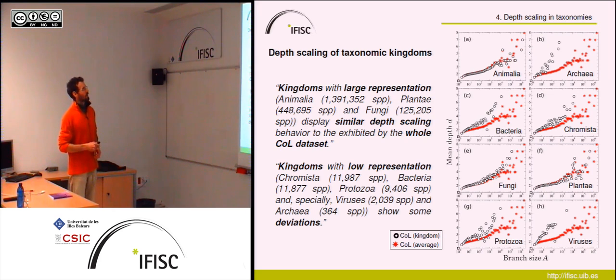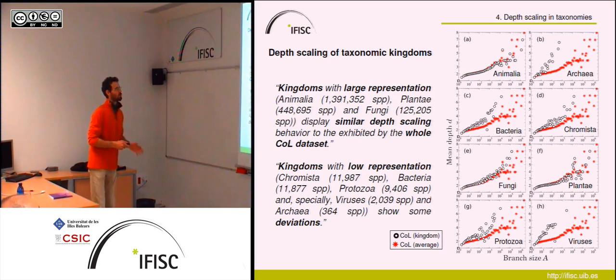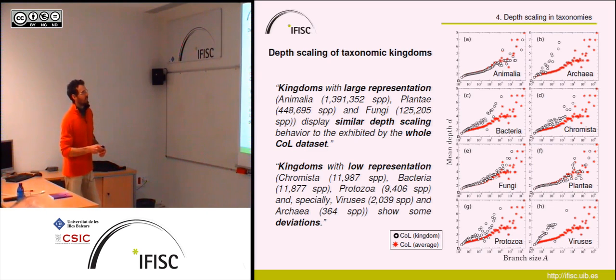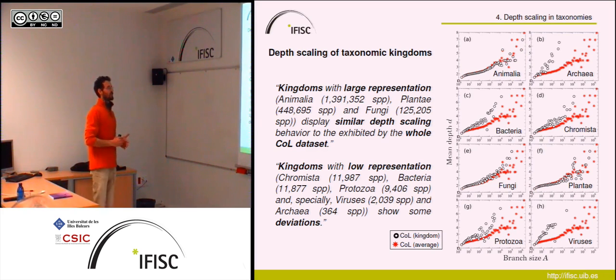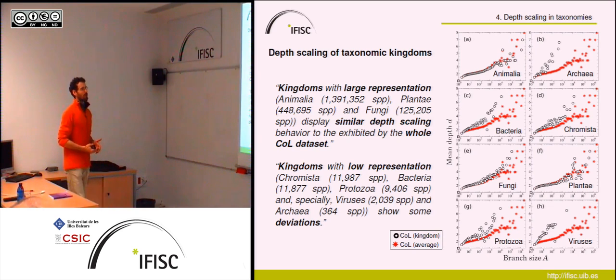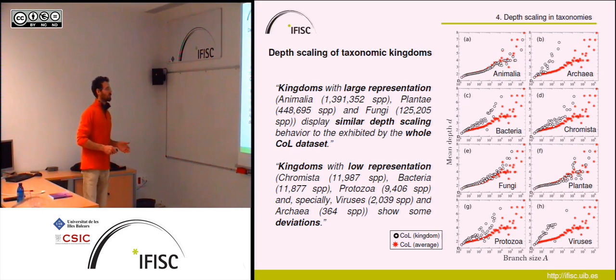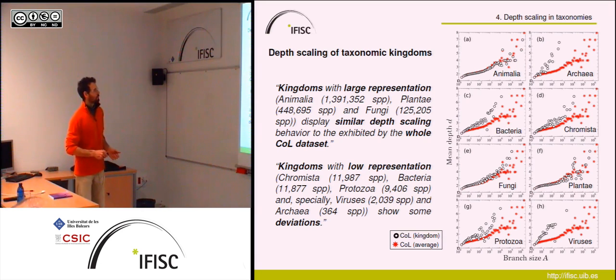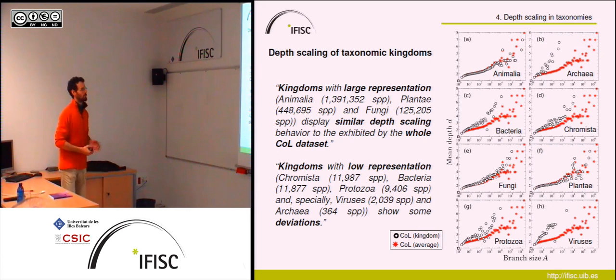What we obtained was that those kingdoms with larger representation, such as Animalia, Plantae, and Fungi, depicted a mean depth scaling similar to the one depicted by the whole taxonomic tree, while those kingdoms with lower representation, such as Chromista, bacteria, protozoa, viruses and archaea, show some deviation from the average behavior.